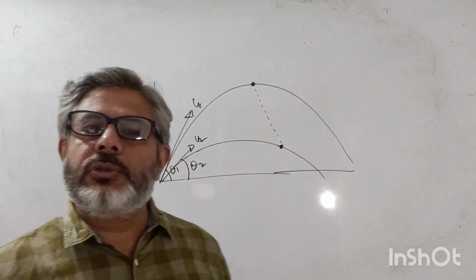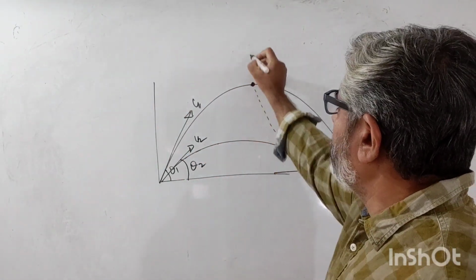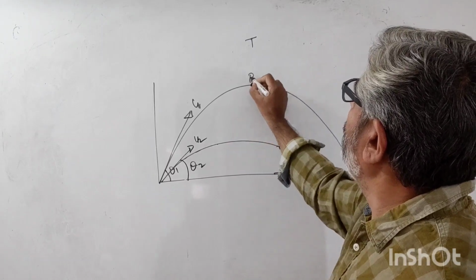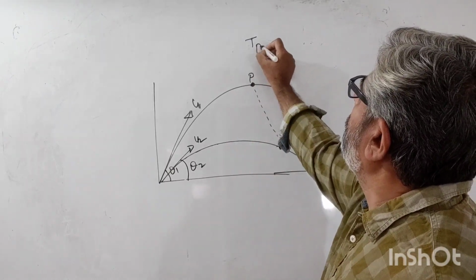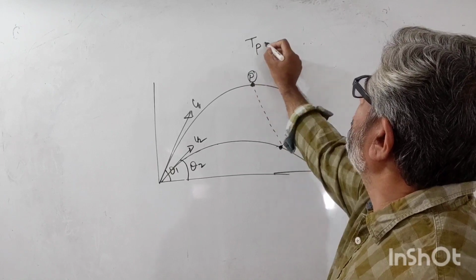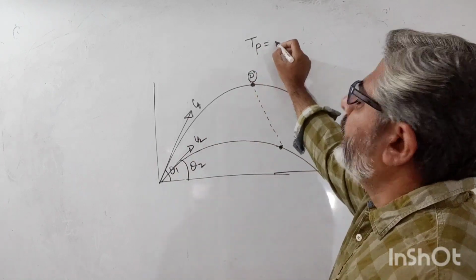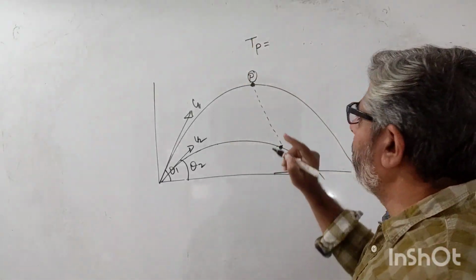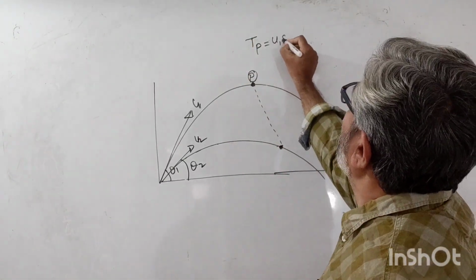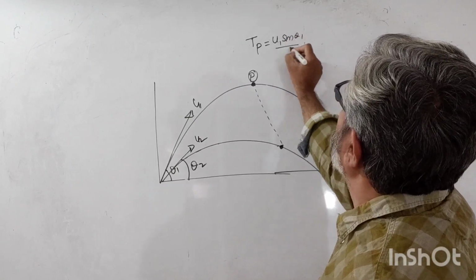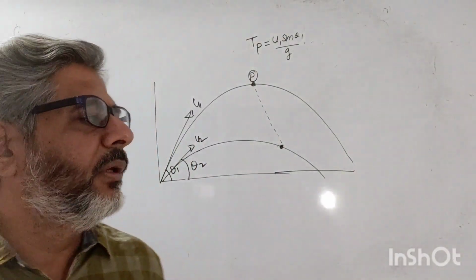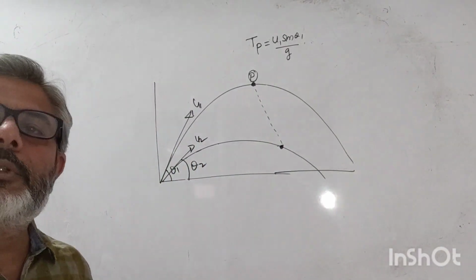So let us first focus on the first projectile and find the time when it is at the topmost point. Let us call it point P. So this topmost point I am calling P. The time to reach P is, you should remember these formulas at least, the time to reach maximum height is u1 sine theta 1 by g, where g is the acceleration due to gravity, theta 1 is the angle of projection, and u1 is the initial velocity of the first projectile.